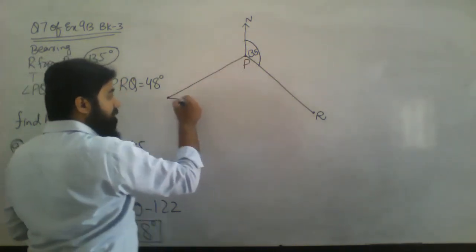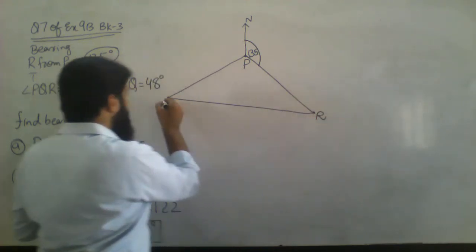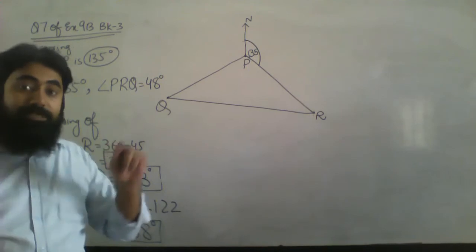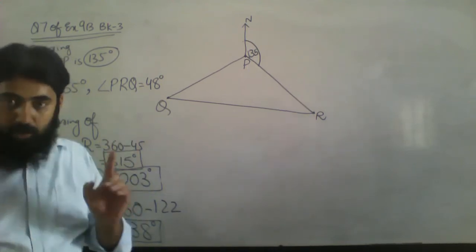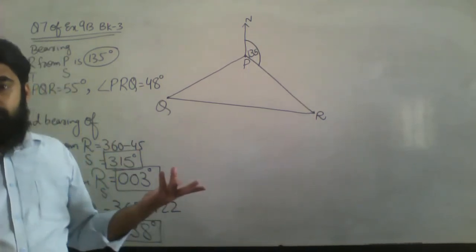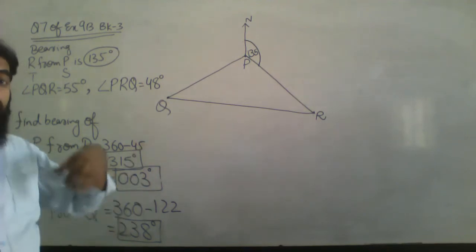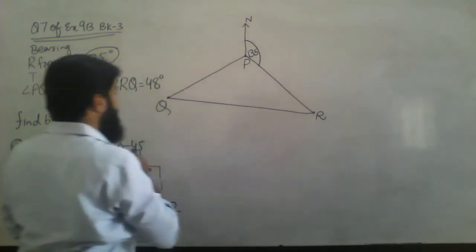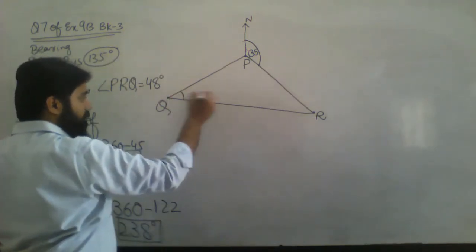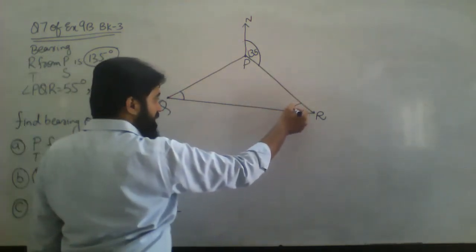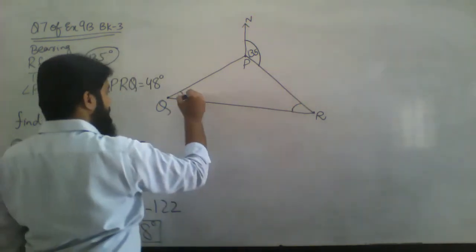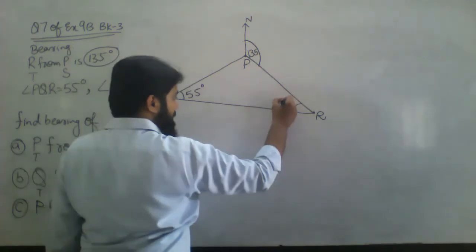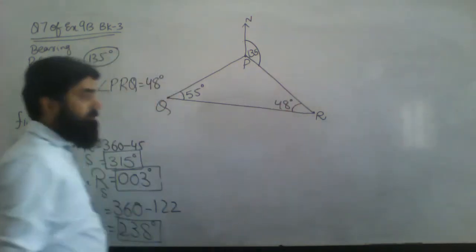Why can I do it? Because it's an angle. It's not a bearing that I always have to calculate from north. It's an angle, so I can do it from anywhere. Previously I made my Q on this side, and now I'm going to make my Q over here. This will be 55, and this will be 48.